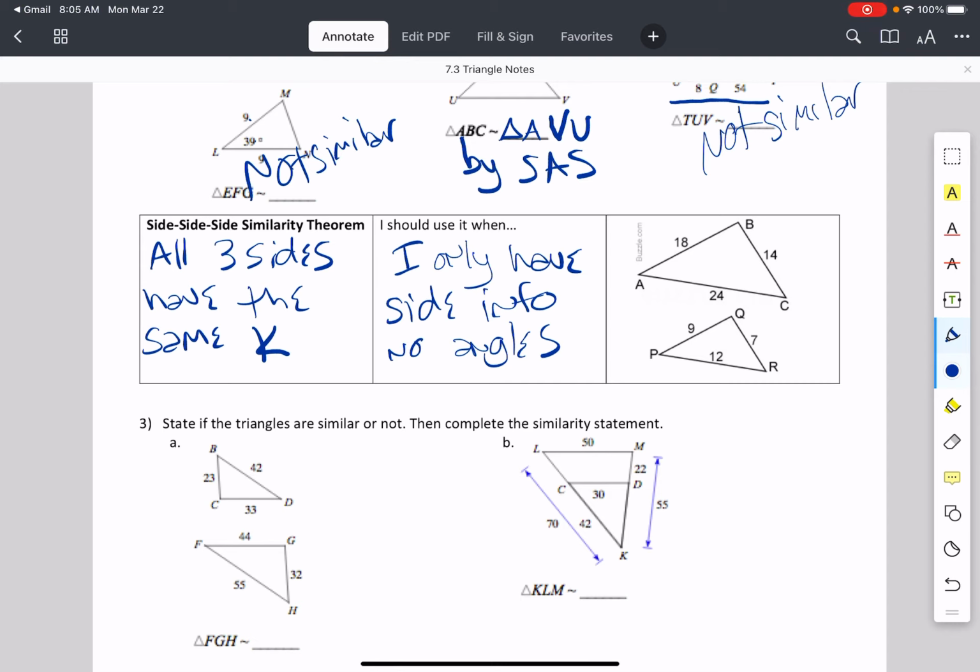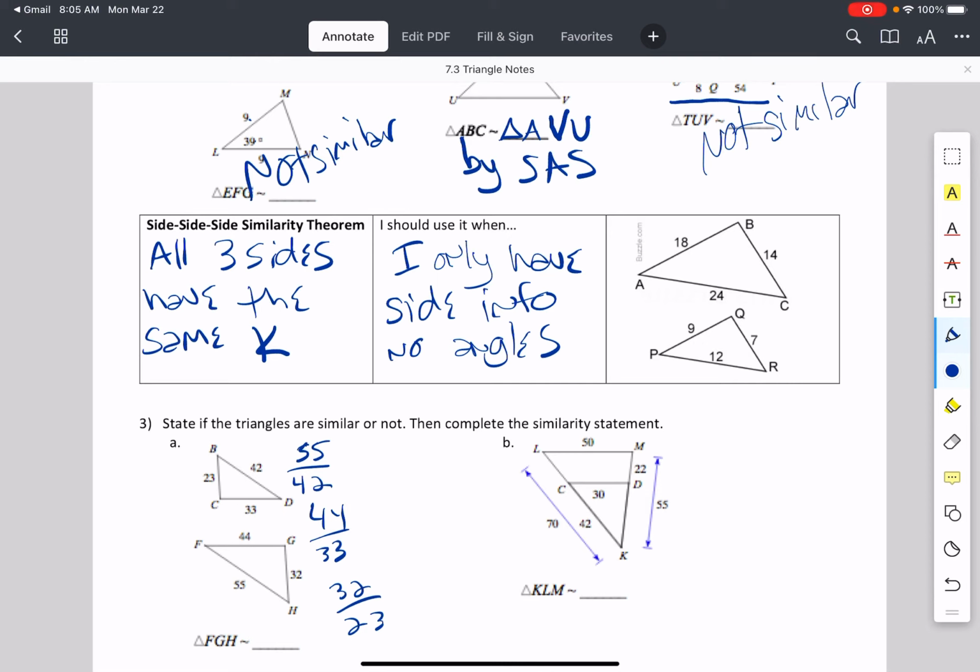So what you want to do is use our triangle side inequality conjecture from day one. I want to match up the biggest sides, the middle sides, and the smallest sides, right? So I need to see if 55 divided by 42, because those are the biggest sides, and the middle sides, 44 divided by 33, and 32 divided by 23, are all the same decimal.